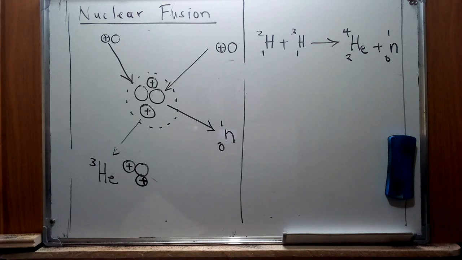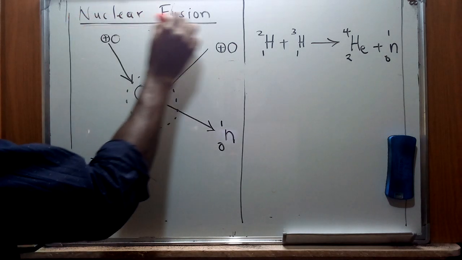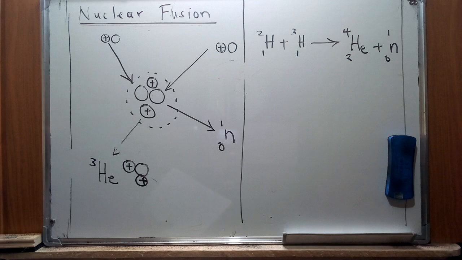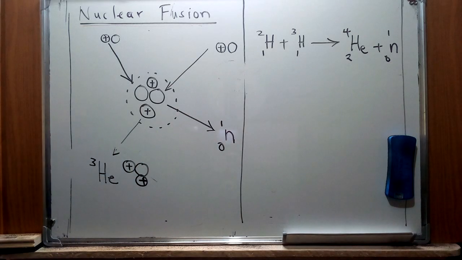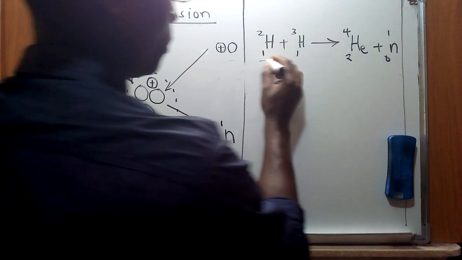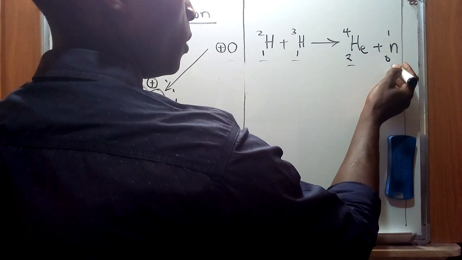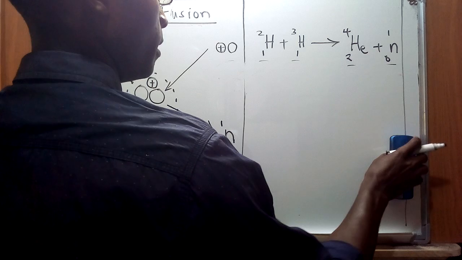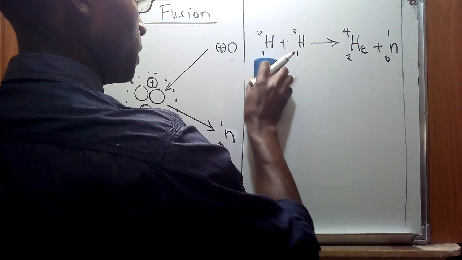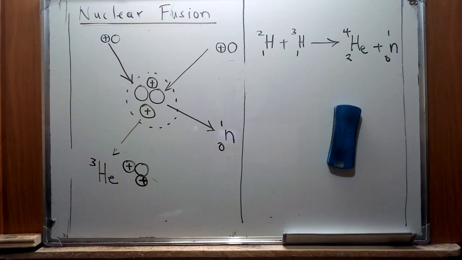I've given an illustration on the board in the form of a diagram and an equation that involve the interaction between deuterium and tritium, forming a helium nucleus, and then there's a release of a neutron. So the process of nuclear fusion, as we have defined it, involves the interaction of two lighter nuclei to form a larger one.